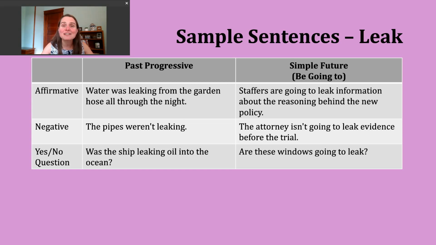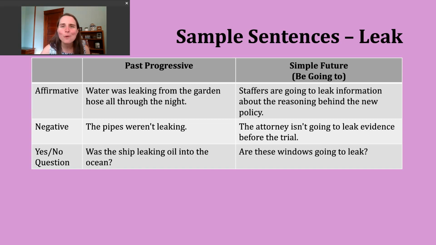I like saying past progressive because I want my students to remember the two P's here are going to require that we have two parts to our verb. To make a past progressive sentence, I'm going to start with my subject, and then I'm going to use the past form of be, and then the ing form of the verb.